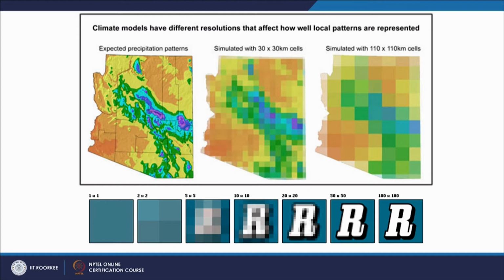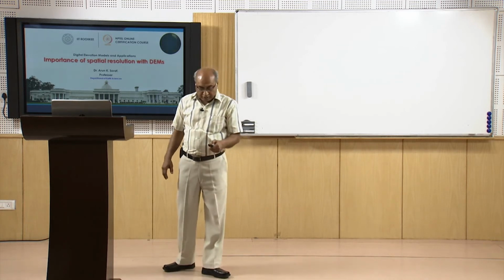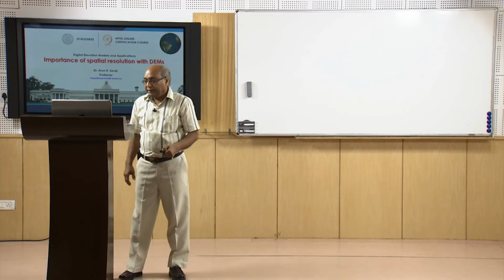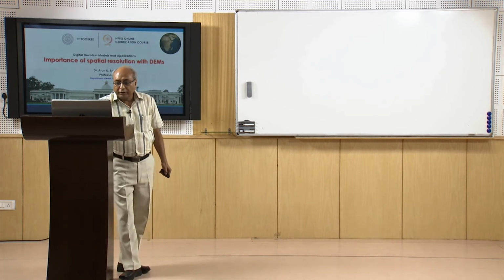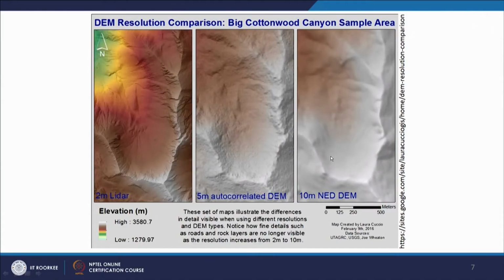This is more common in the case of satellite images, but in the case of a digital elevation model too, these things have to be taken care of. One more example of different spatial resolutions derived from different sources of the same area.